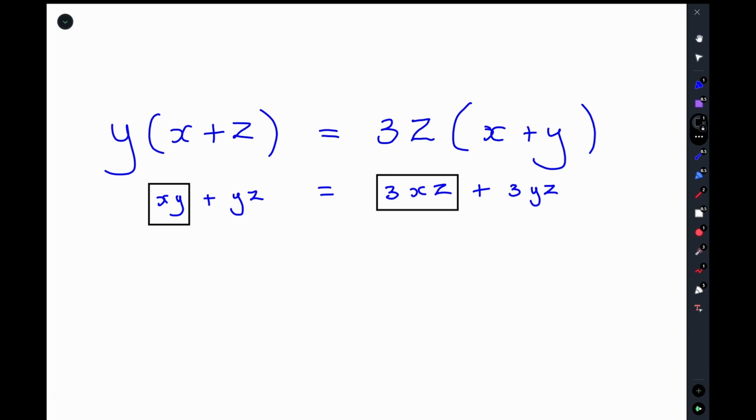So we want to rearrange the equation such that all the terms with x are on one side, all the terms without x are on the other side. So we're going to move this across here, and we're going to move this back here.